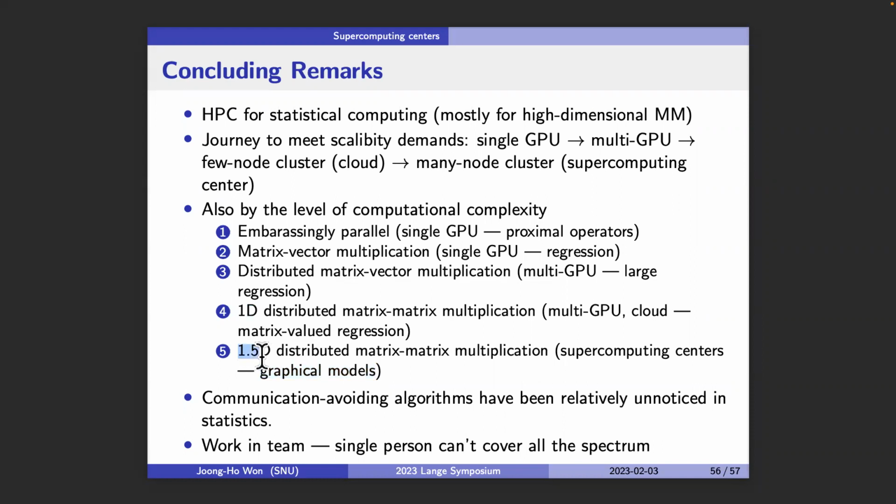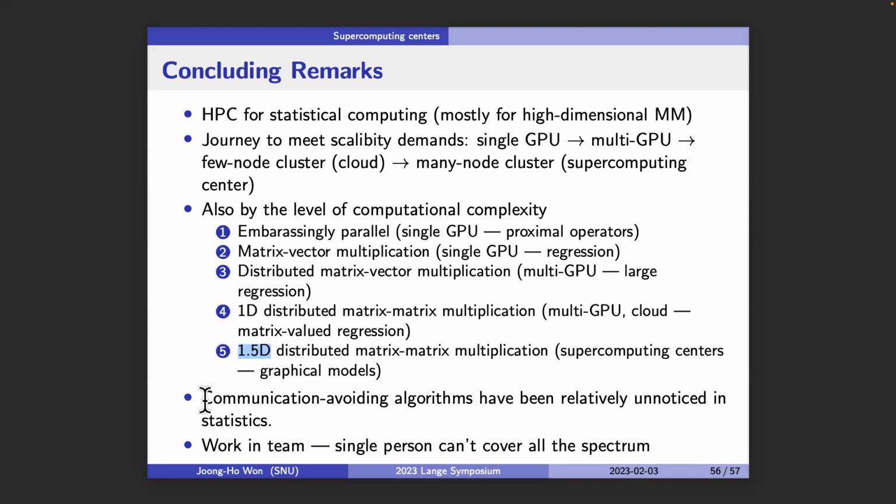So we need to invent some creative layout for distributed computing. This is actually communication avoiding linear algebra, and it seems that these sorts of algorithms have been relatively unnoticed in the statistics community. So it might be a fruitful avenue to explore.